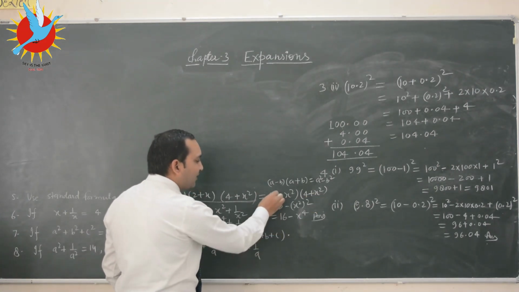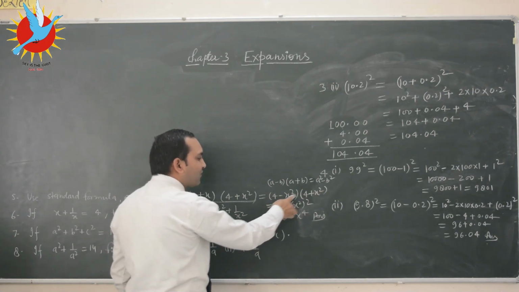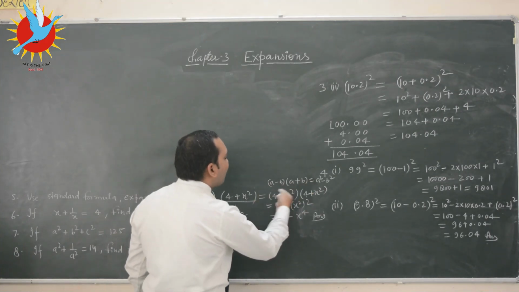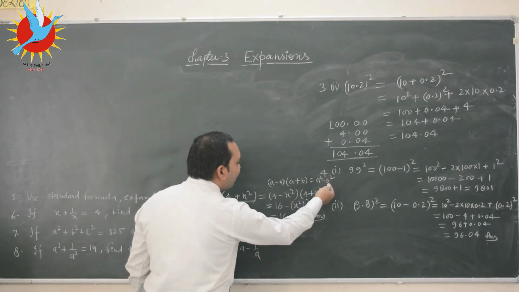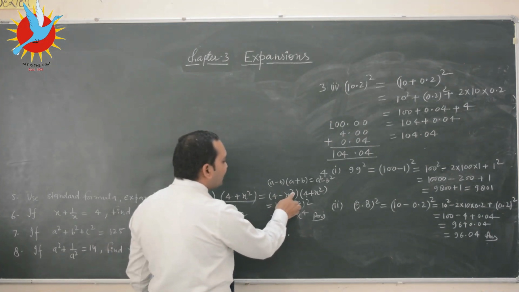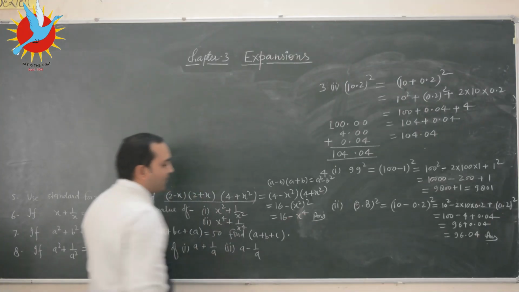So once again, (4 minus x square)(4 plus x square), that is (a minus b)(a plus b), once again we apply a square minus b square. So 4 square is 16 minus (x square) whole square, so that is 16 minus x raised to the power 4.